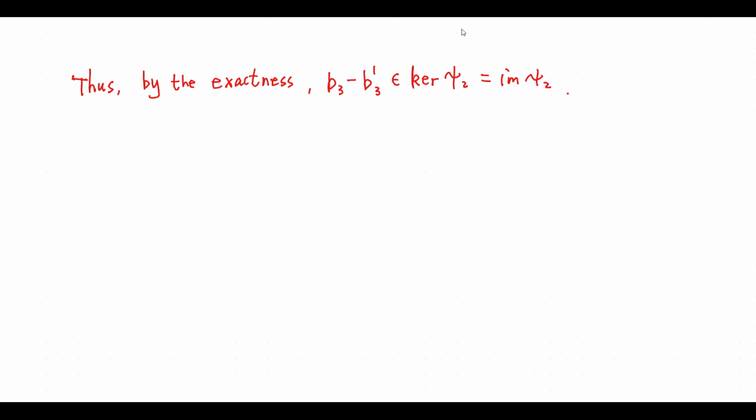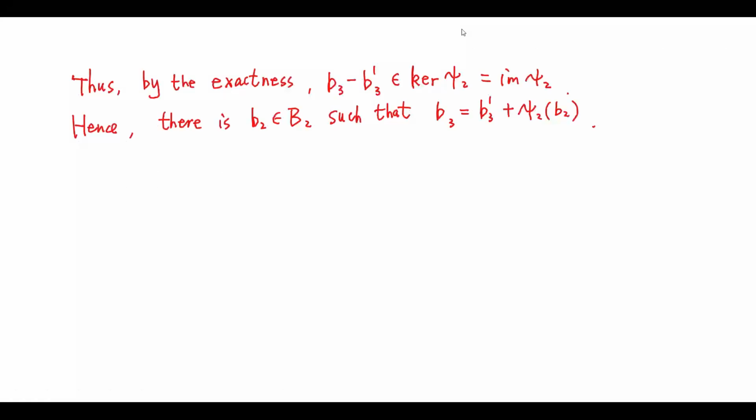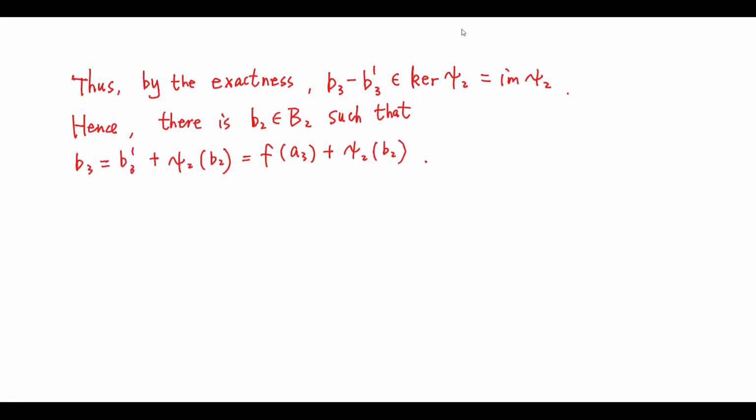By the exactness, B3 minus B3 prime is in the image of C2. This implies there is an element B2 in the group B2, such that B3 minus B3 prime equals C2 B2. This gives B3 equals F3 A3 plus C2 B2.